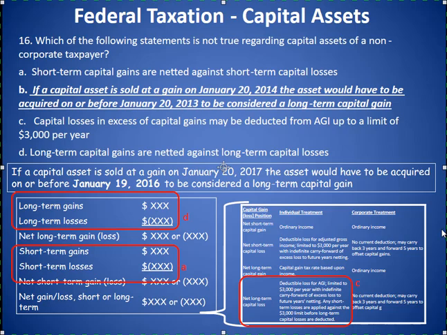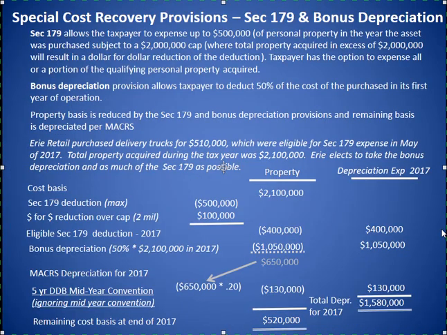Okay, let's go on now and talk about what we call special cost recovery provisions. Again, these are special types of depreciation. The two items we're going to talk about are Section 179 depreciation and bonus depreciation. Section 179 allows a taxpayer to expense up to $500,000 of acquisitions of personal property in the year the asset was purchased, subject to a $2 million cap.